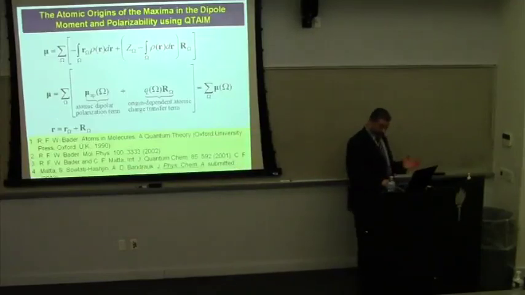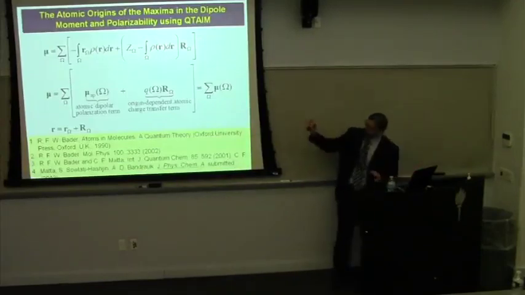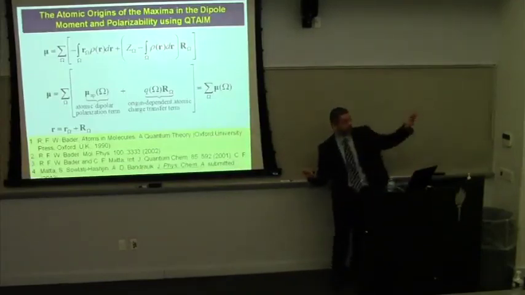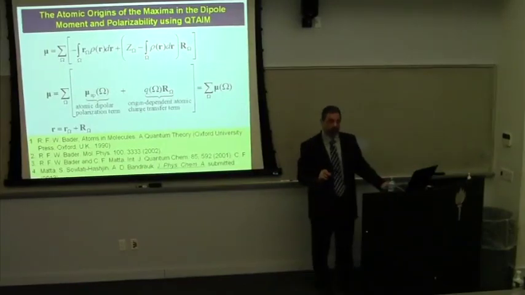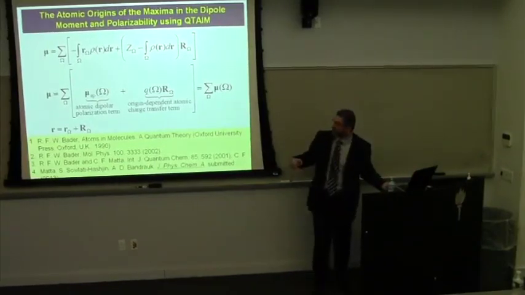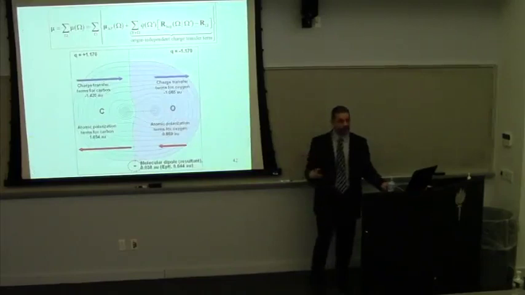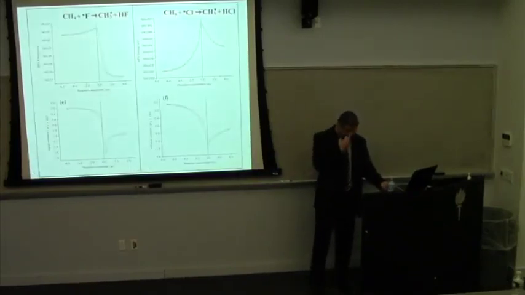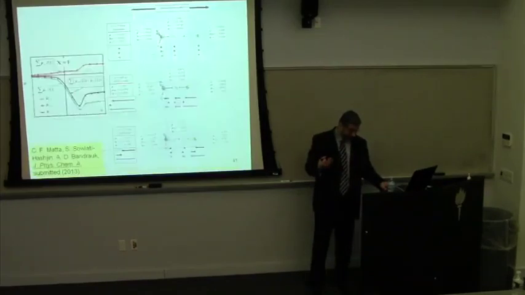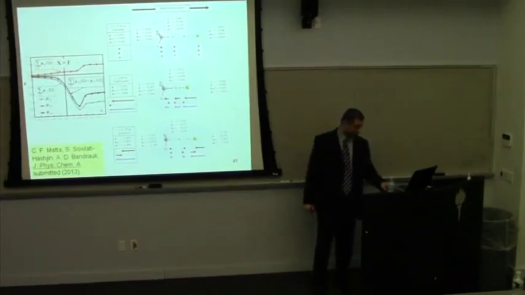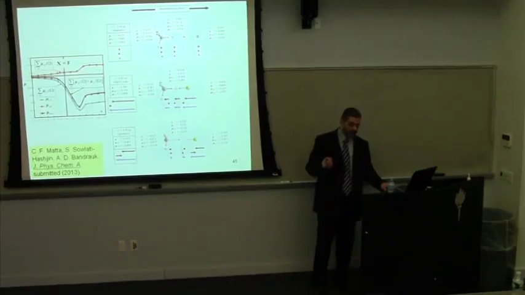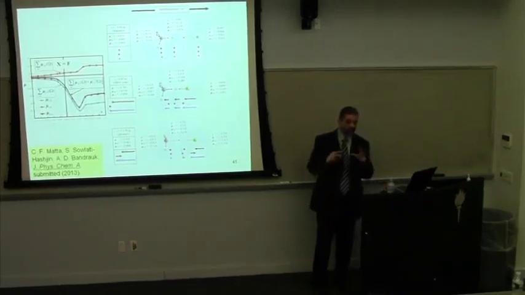I'm going to skip it because of the time, but basically this is a way to partition the molecular dipole into atomic components. I'm not going to go into this detail, and we don't have time now. The result of this work, done by Shaheen, the graduate student whose picture I haven't shown yet, is to show that the jump in the dipole moment is because of a charge transfer term, not because of an atomic polarization.